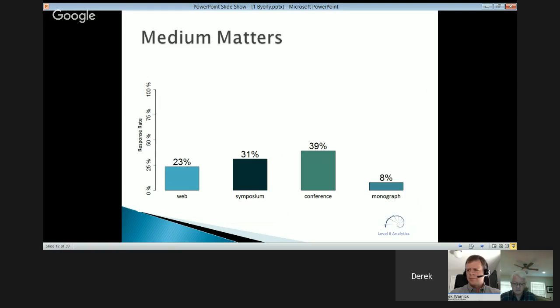Monographs, which are a scattershot approach, not very personal, got only about an 8% response rate. Conferences, where people travel, network, socialize, and chat face-to-face, had the highest response rates, and symposiums and web-based activities are somewhere in the middle, as you would expect.